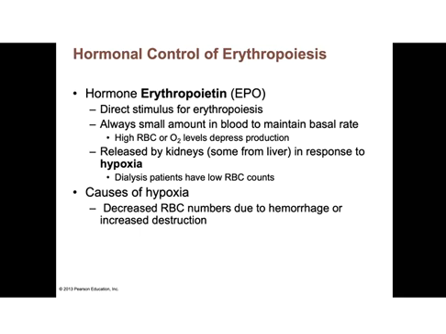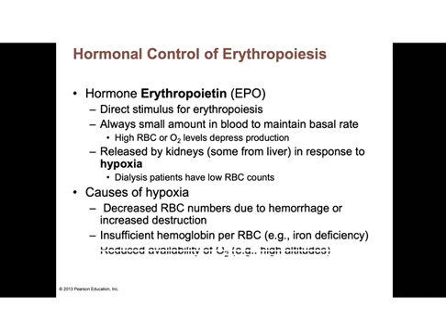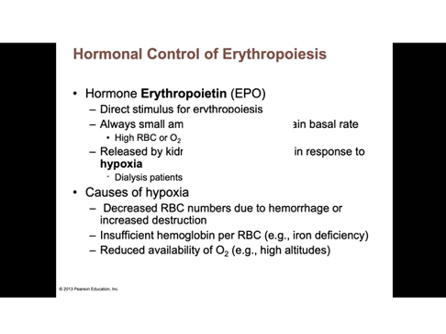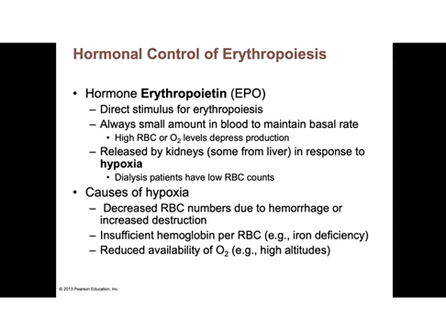Okay, causes of hypoxia: you can have decreased red cell numbers due to hemorrhage or increased destruction. You can have insufficient hemoglobin per red blood cell, such as in iron deficiency anemia, and you can have reduced oxygen availability, such as at high altitudes.